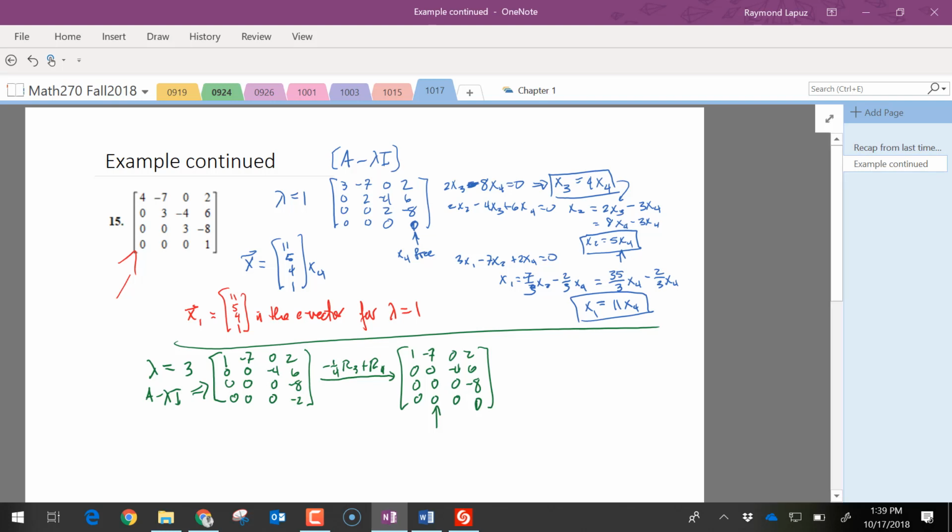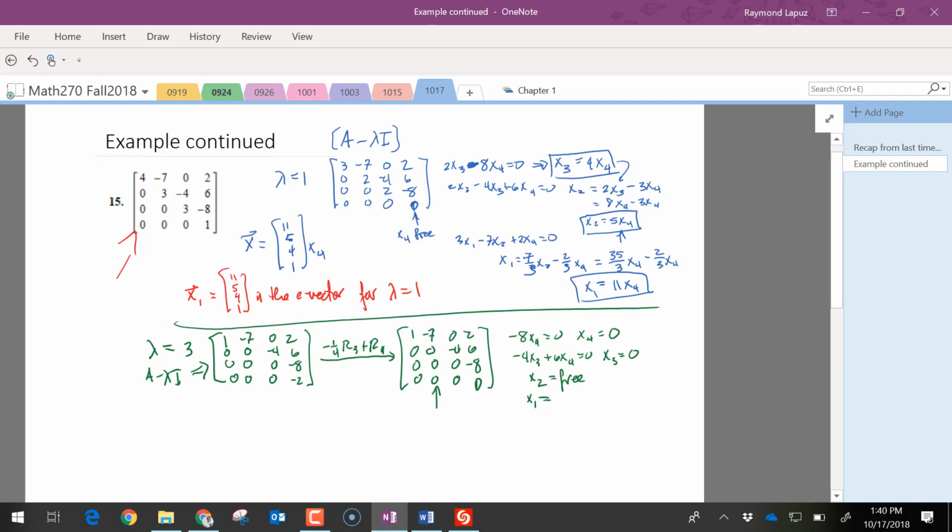The first row is nothing, and then the second row gets minus 8 x4 equal to 0. So x4 is going to have to equal 0. We have minus 4 x3 plus 6 x4 equal to 0. So x4 is equal to 0, and then you solve for x3, so that's also going to equal 0. And it looks like x2 is free. And then x1 is going to be positive 7 x2, with zeros for the rest.